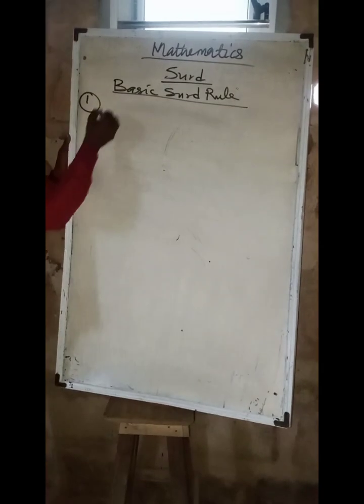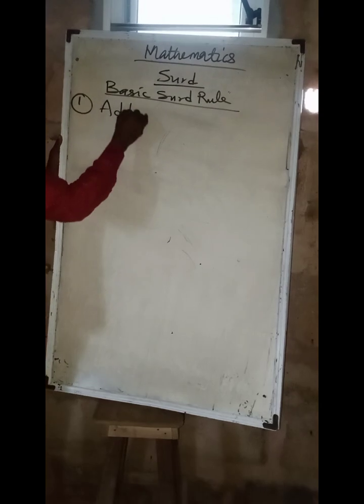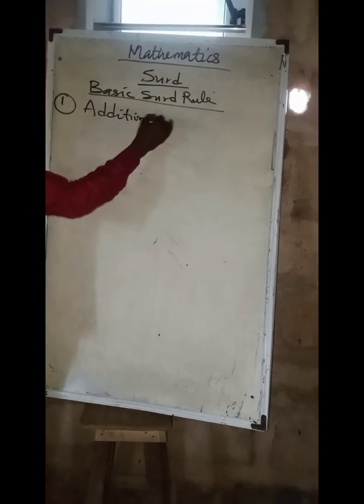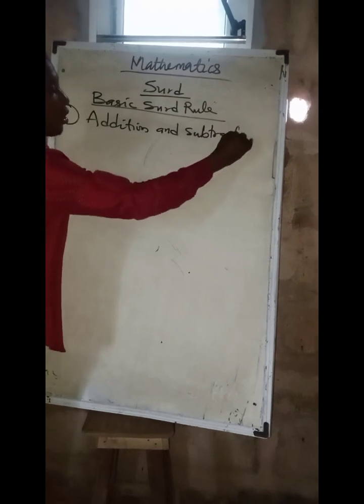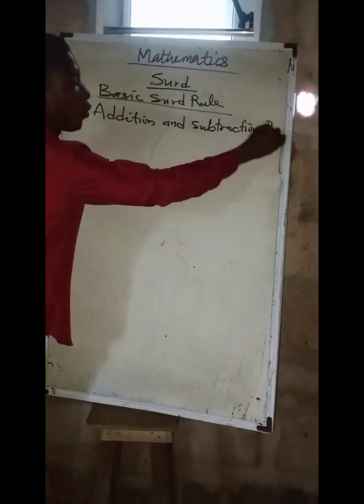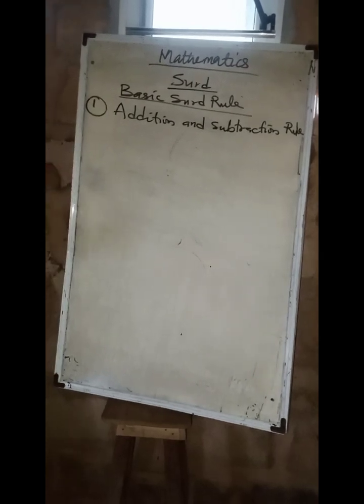So we said the first rule is the addition and subtraction rule. Why do we say addition and subtraction rule? The two rules go together.